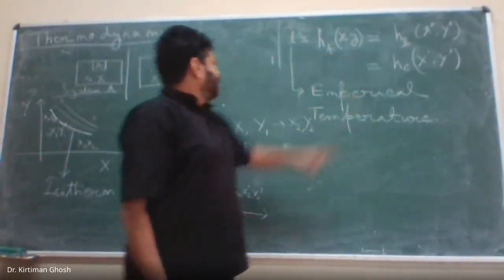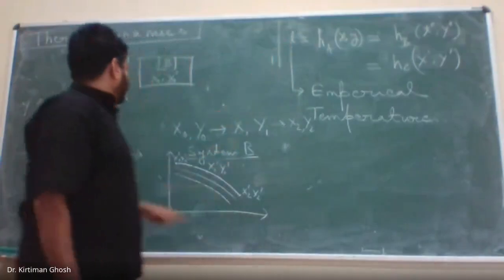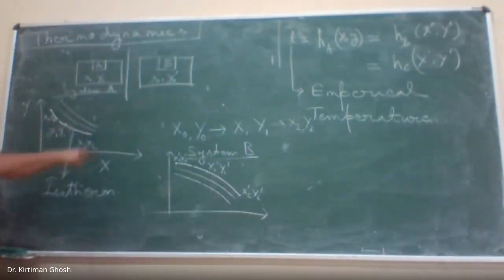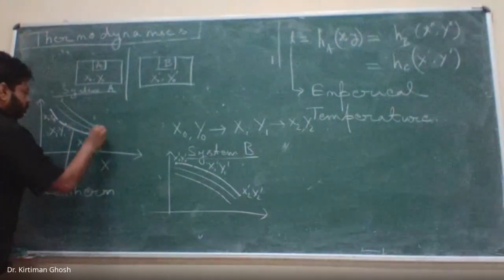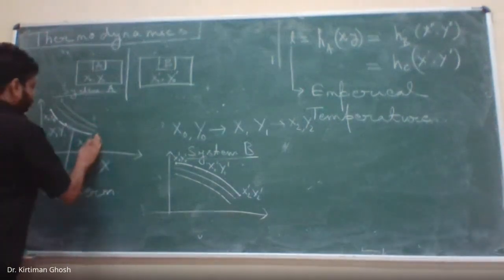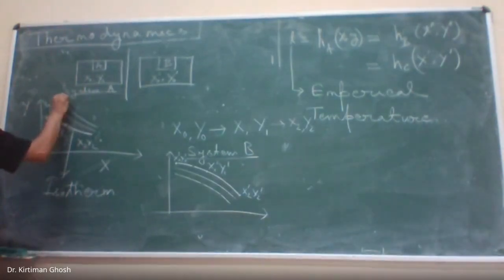For A, this line corresponds to HA equal to some constant. Each line corresponds to a given value of this T. Say this isotherm corresponds to the empirical temperature T0, T1, T2.